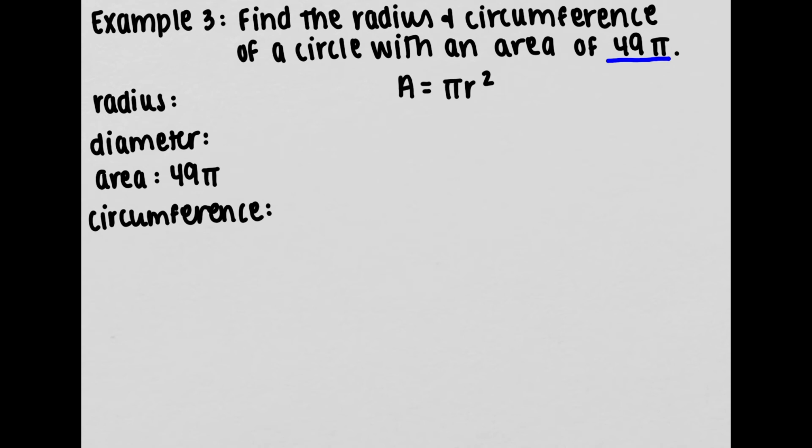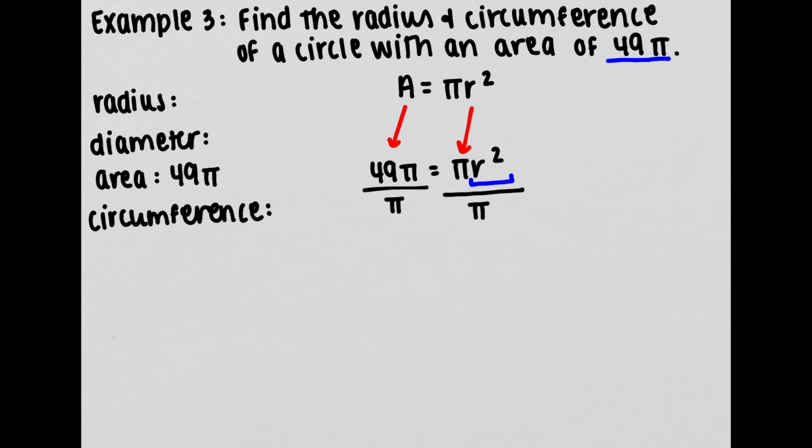So the area of the circle is 49 pi, and it's equal to our area formula, pi r squared. Now I want to get this r squared by itself first, and that pi is attached to it by multiplication. So in order to get rid of it, we have to divide both sides by pi.